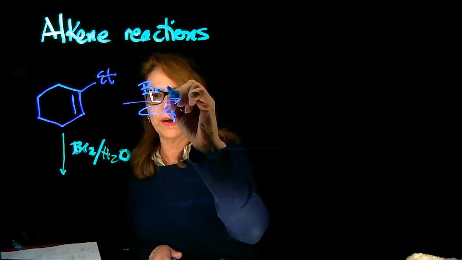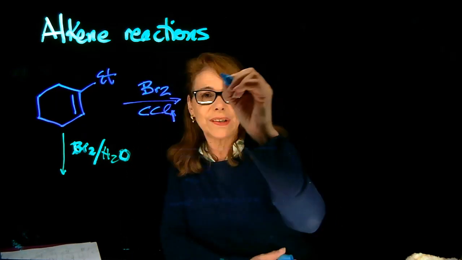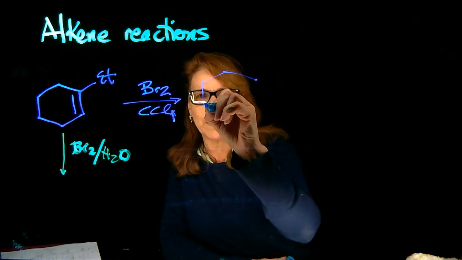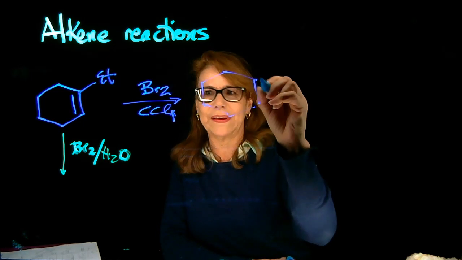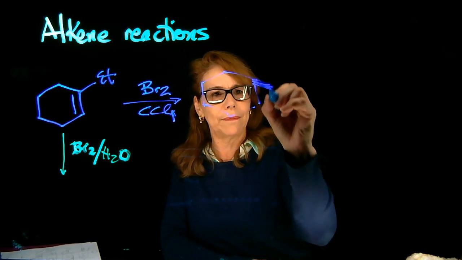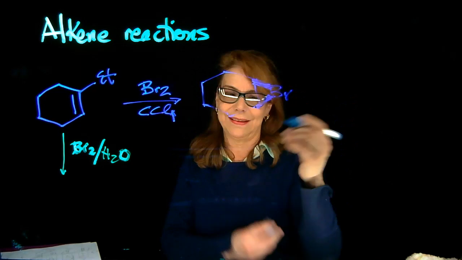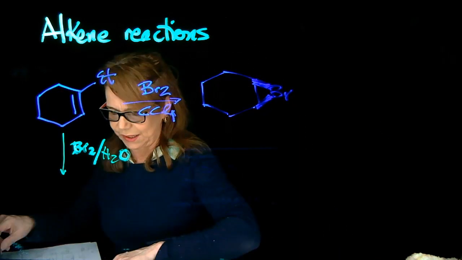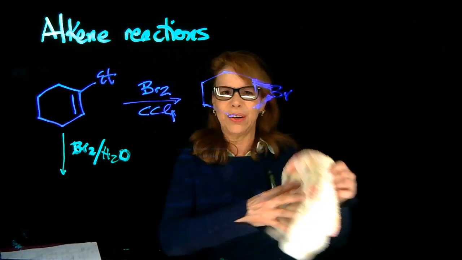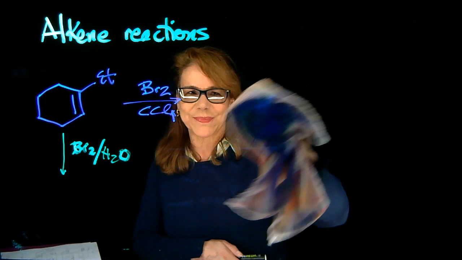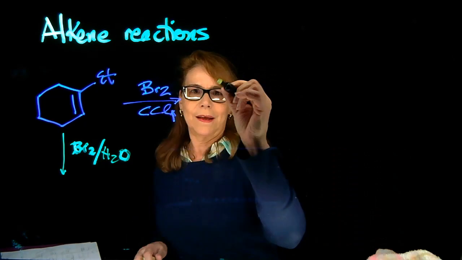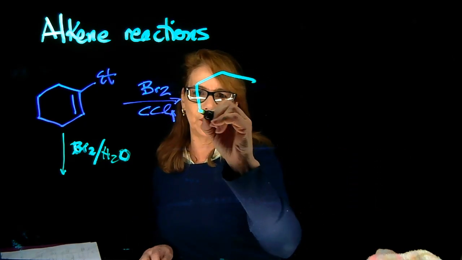So if I have bromine, in the first step, what you want to remember when you're doing these problems is that you go through a bromonium or chloronium intermediate. I'm going to redraw it. So let's do the intermediate.